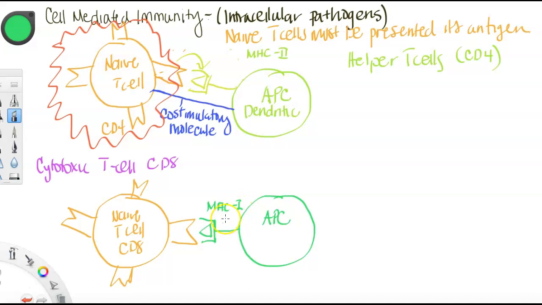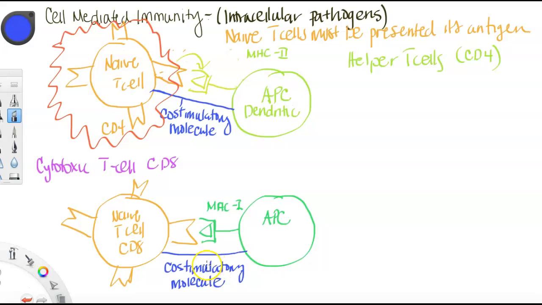Okay. Again, we have to have co-stimulatory molecules in order to be activated. So we have the co-stimulatory molecule. And activation can occur.